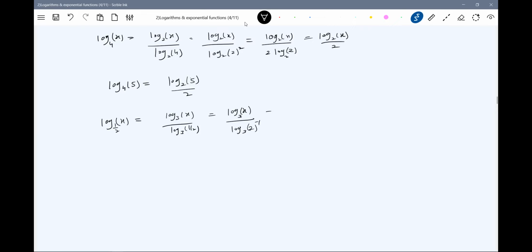So now further, log x to the base 3 will become -1 into log 2 to the base 3. The value of this will be minus of log x to the base 3 by log 2 to the base 3.